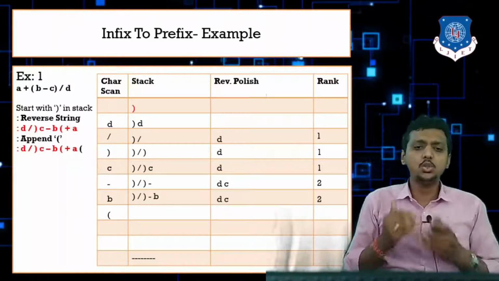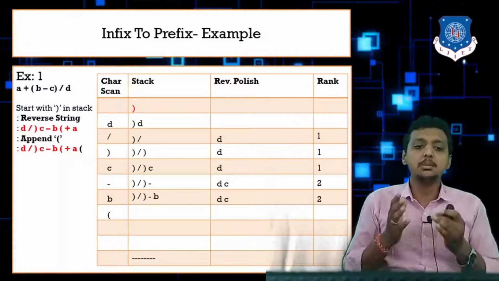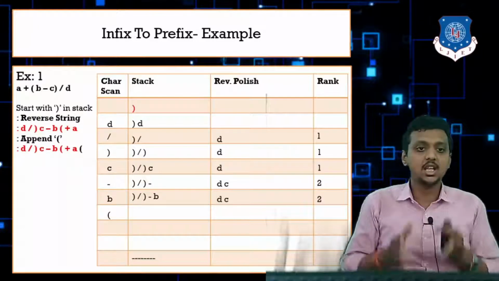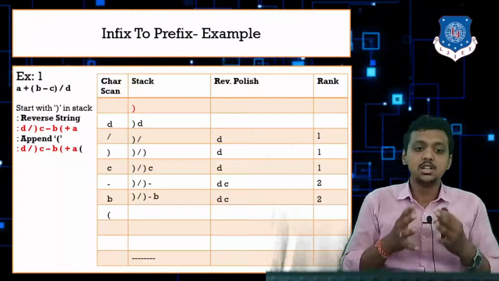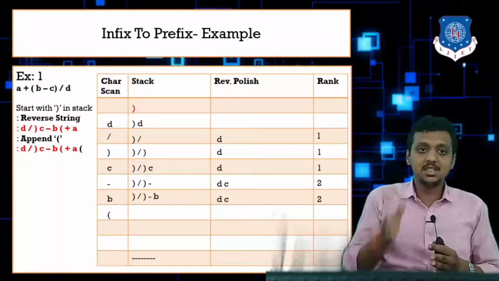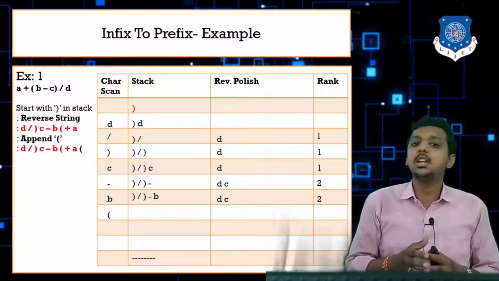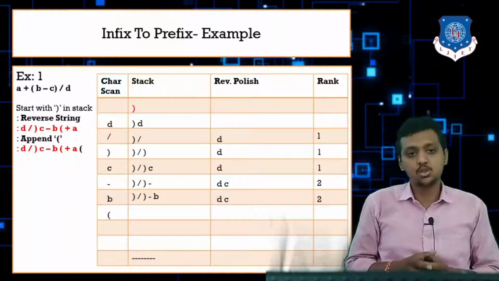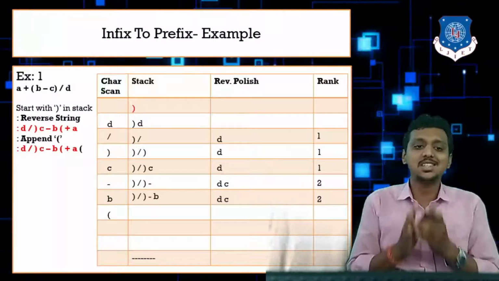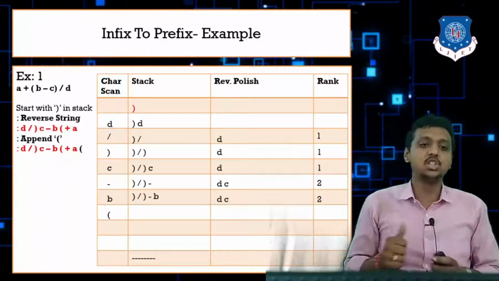So I'm going to pop B and minus from the stack and append them to the reverse polish in the same manner. So first we have D, then C, then B, then minus, and the opening bracket and the closing bracket both get cancelled out. So the remaining terms in the stack are closing, division.